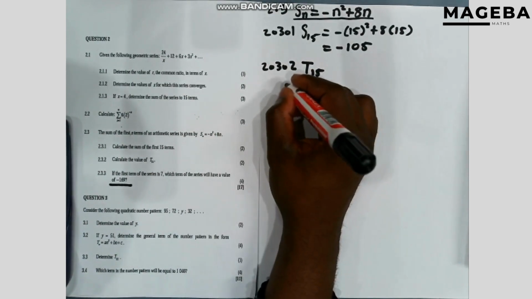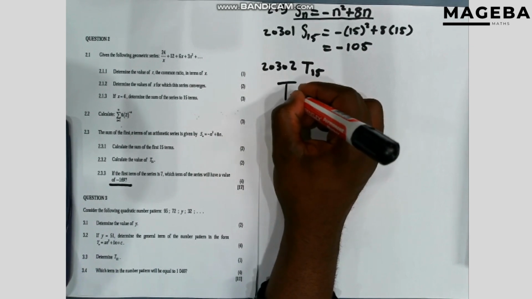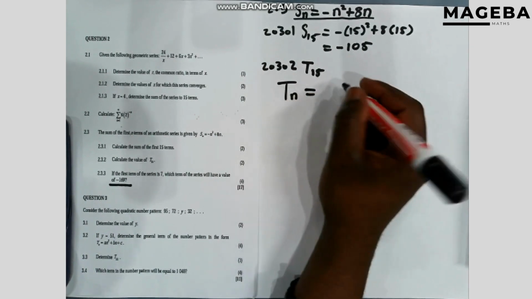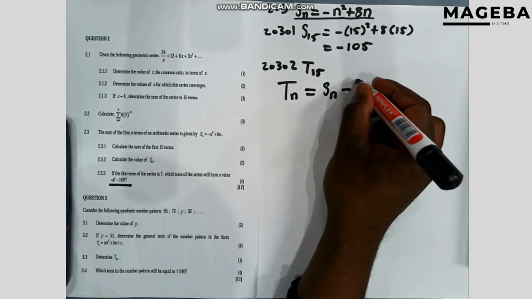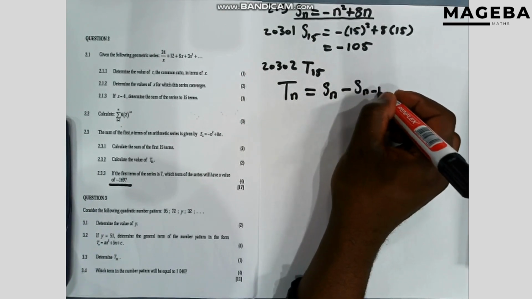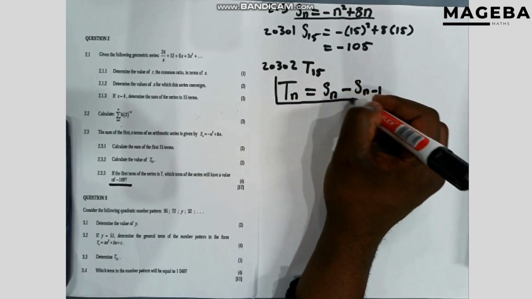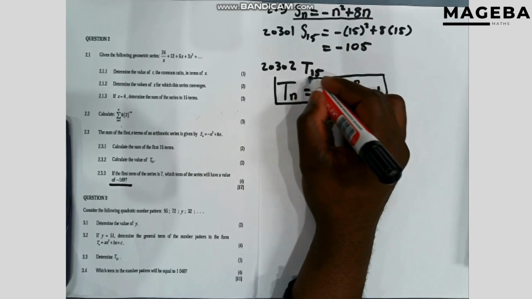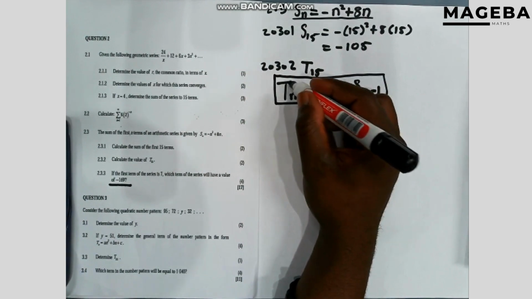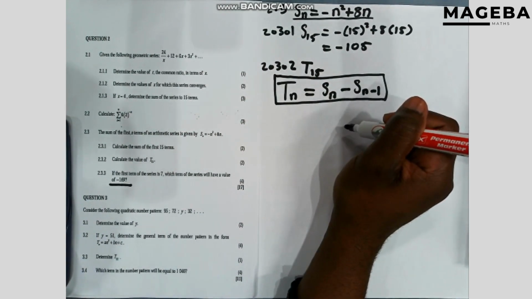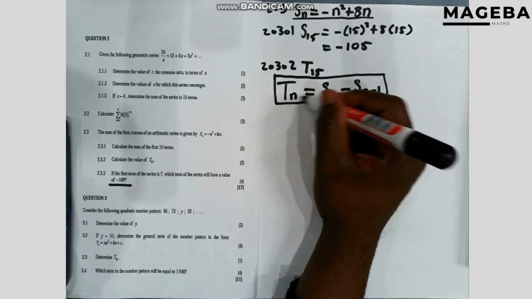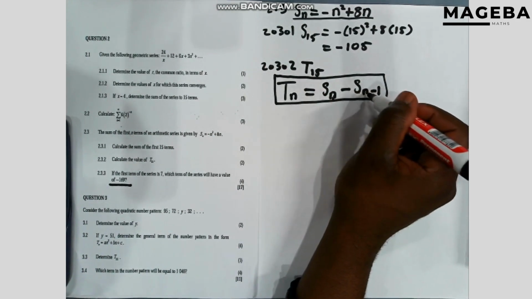There is this general formula where, when you find the t of n, when you have a sum, t of n is equal to s of n minus s of n minus 1. This is the formula that you need to know when we are calculating the t of whatever n they need at that particular point.